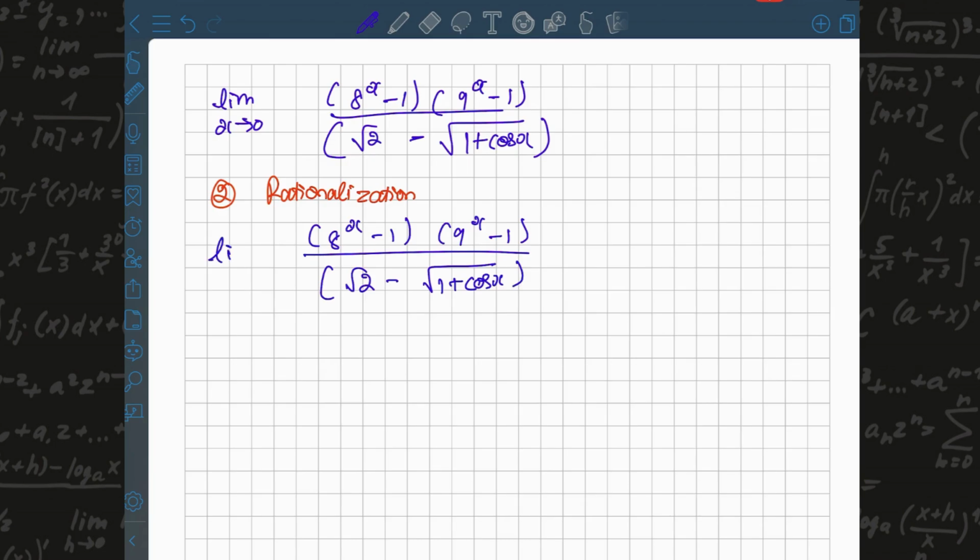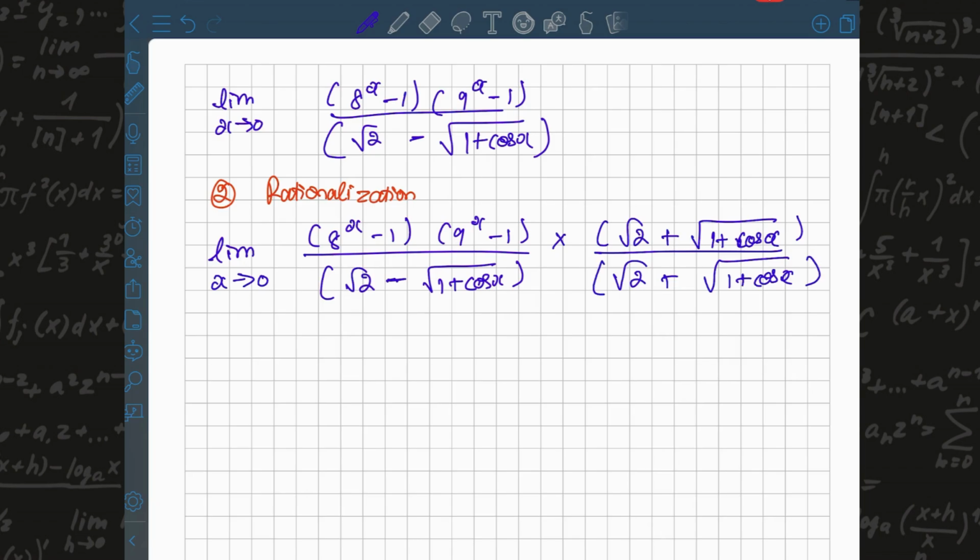It's in the limit, don't forget that. Limit x tends to 0, times (root 2 plus root of 1 plus cos x), the conjugate of the denominator, divided by (root 2 plus root of 1 plus cos x). So let's multiply these two.